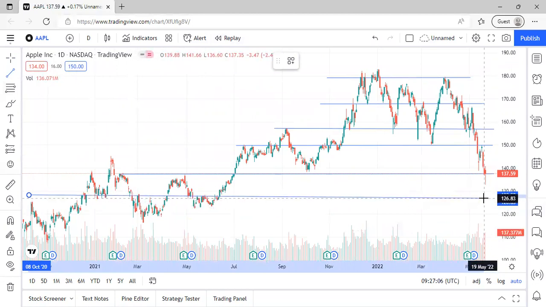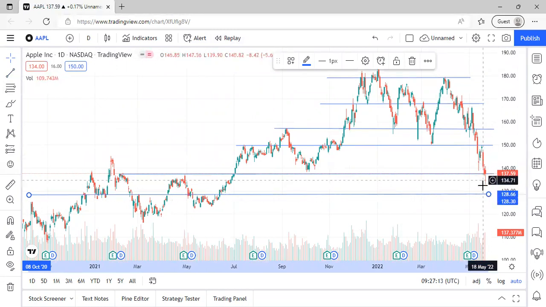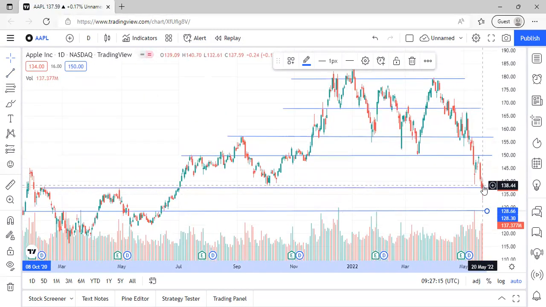where it will start to breach the 128 price point. So if this current price of 137 USD starts to break down further and breaches this support line, it is likely to bring the price further downwards with a very high downward pressure to the 128 price point, which is the next support line.